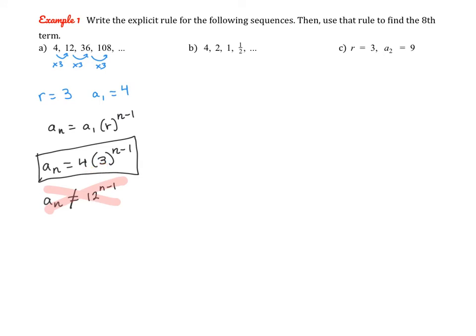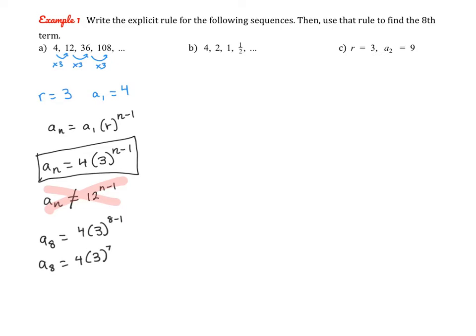Now we can use this rule to find the 8th term, which would be a little bit easier than having to continue the pattern out to the 8th term. So again, we can say a sub 8 equals 4 times 3 to the power of 8 minus 1. So we're going to do 4 times 3 to the power of 7. When you're calculating this, we need to make sure we're following order of operations.